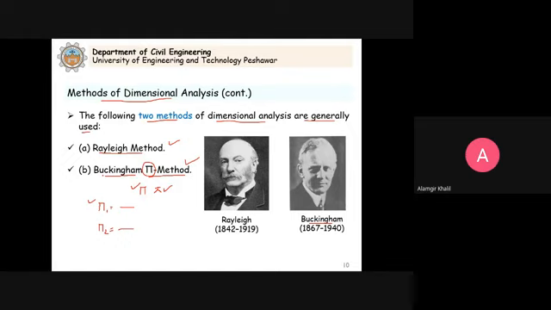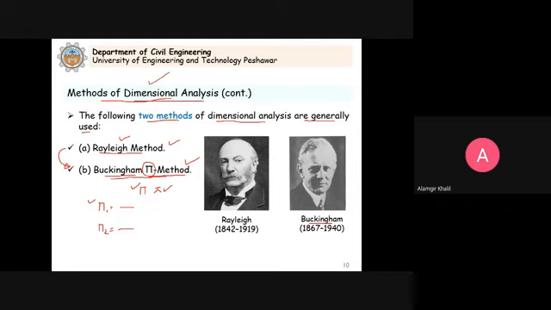But we will study both in detail because these are given in your syllabus. And you will see why we need to shift from the Rayleigh method to the Buckingham Pi method. Modern fluid mechanics books mainly focus on the Buckingham Pi method when they talk about dimensional analysis.